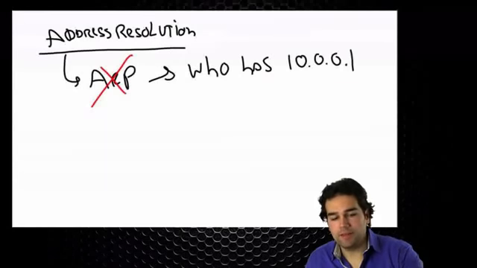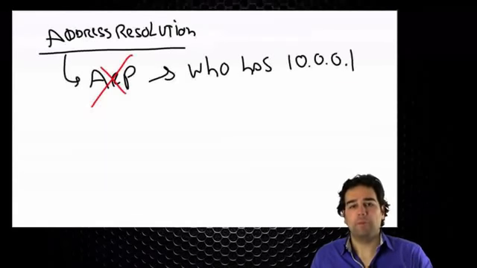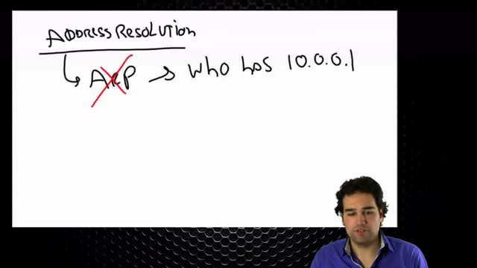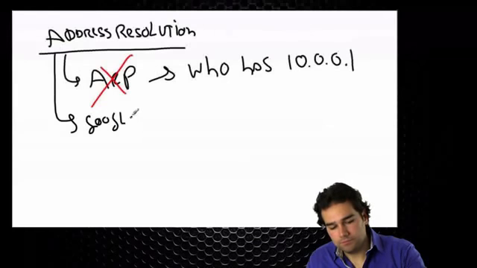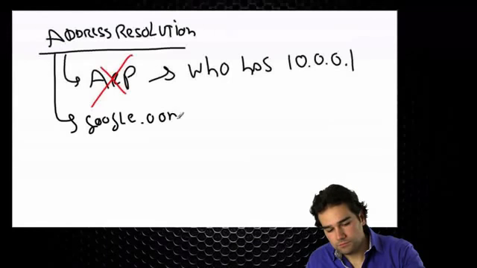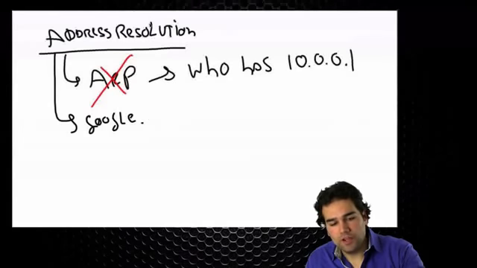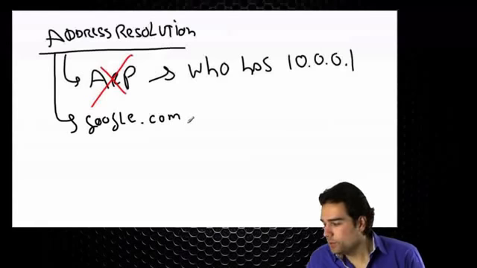They took a look at the application world. How do applications do address resolution? I say google.com. So actually this is the same thing. How do I do logical address resolution in the IP world?